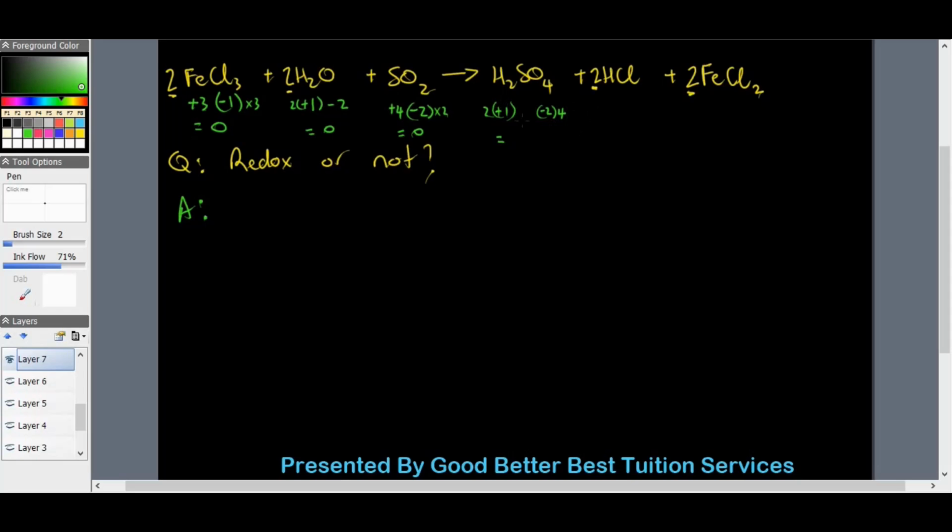I know that in order for me to get 0, I must have 8 minus 8. So I have -8 and +2, so my missing oxidation number for sulfur must be +6. +2 plus +6 gives me 8, minus 8 gives me 0. I know my oxidation numbers are correct.